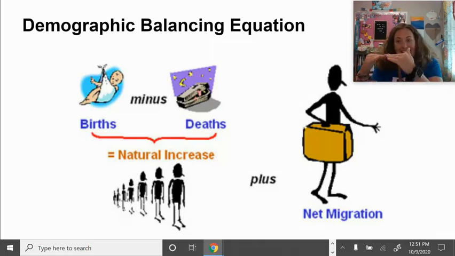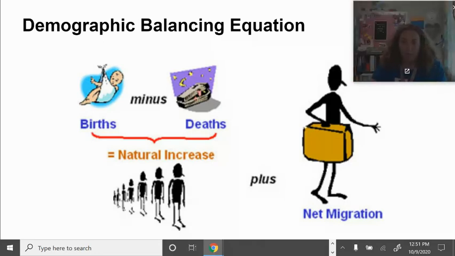And so once you get that net number, so basically people who've stayed after they've either come or went, plus the natural rate of increase, that is what gives us the demographic balancing equation, which gives us a more actual accurate number of, after people come in or take off, what we can expect to be left with.